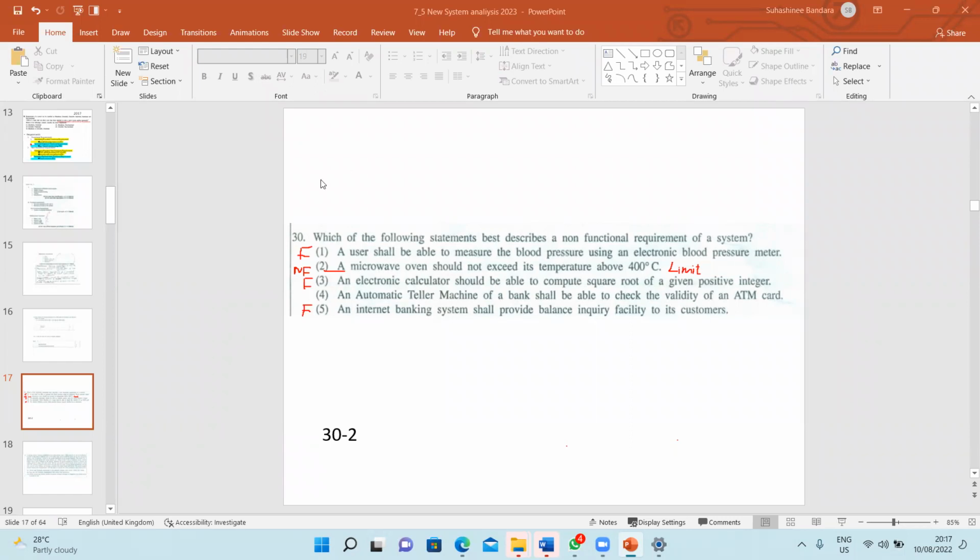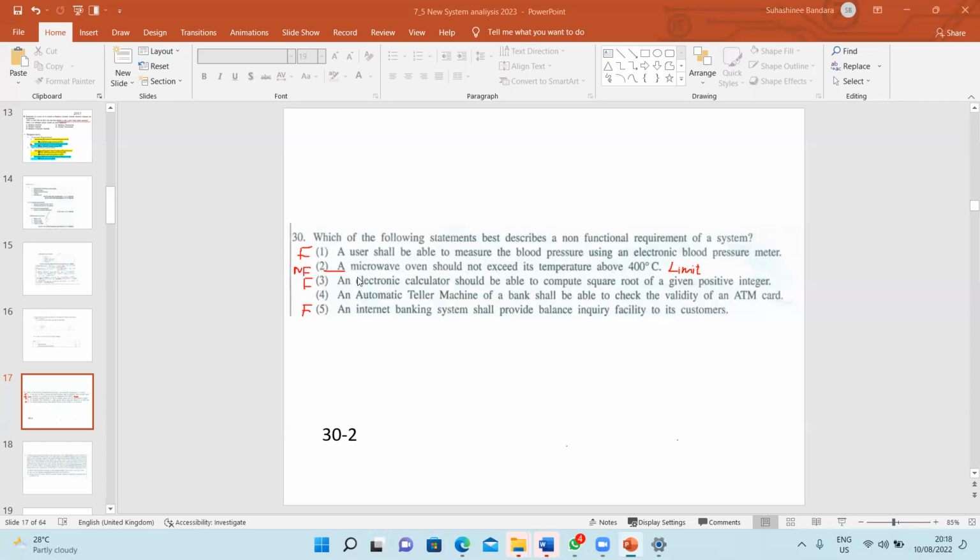Therefore, it should be functional requirement. Second one, microwave oven should not exceed the temperature above 400. Above 400 means limitation. That means second one should be non-functional requirement.